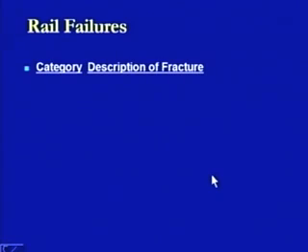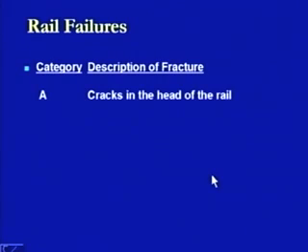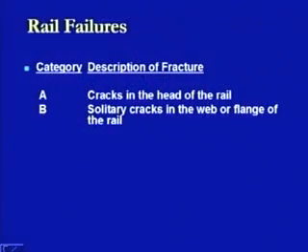Now, we will be looking at some of the rail failures. In the case of the rail failures, as I have discussed, there are certain categories. Category A says that there are cracks in the head of the rail. So, instead of writing all of the things like cracks in the head of the rail in the terminology of rail failures, it will be designated as A. Similarly, B is the designation for solitary cracks in the web or flange of the rail.